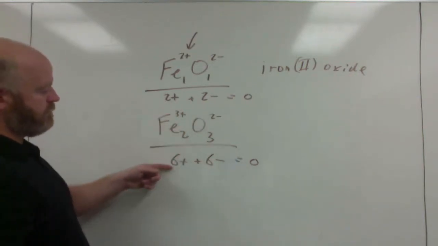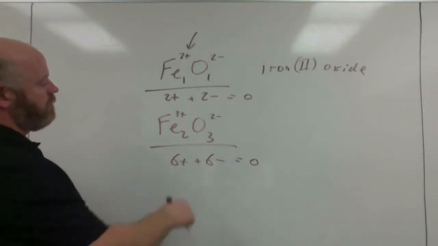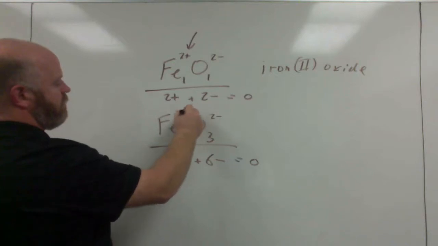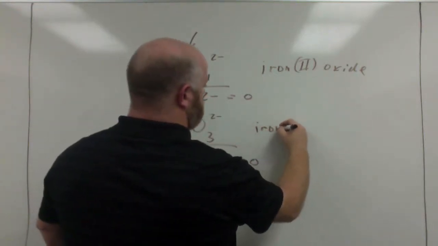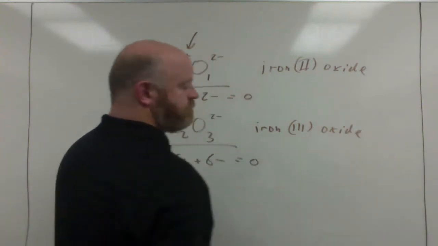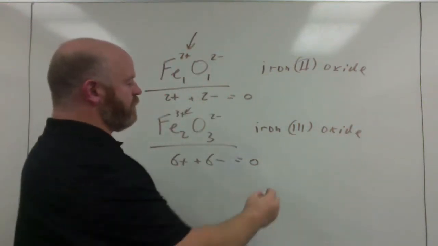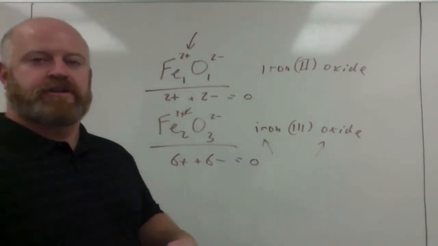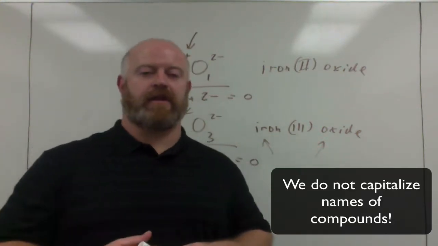So it's a 3 times 2 is 6, 2 times 3 is 6. So we have a plus 3, we have a minus 2. In this case, now that we know this is a plus 3, we call this iron 3 oxide. Okay. In the naming system, notice how we are not capitalizing anything. These are not proper nouns, so we do not capitalize those.